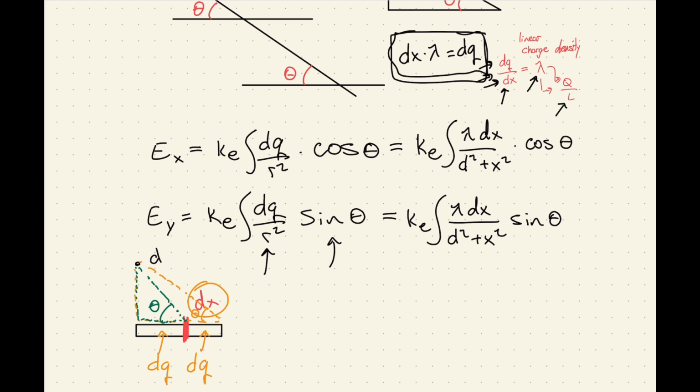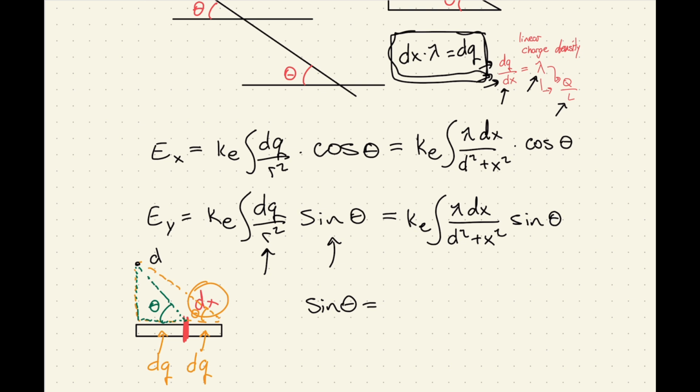So let's take a look at what sine theta and cosine theta are going to equal. So we can decompose that and get rid of theta, because theta is a variable we want to get rid of. We want to replace everything with this x here. X is going to be the variable of integration. So how we can do that is look at the triangle and use this identity, which you guys have remembered using SOHCAHTOA.